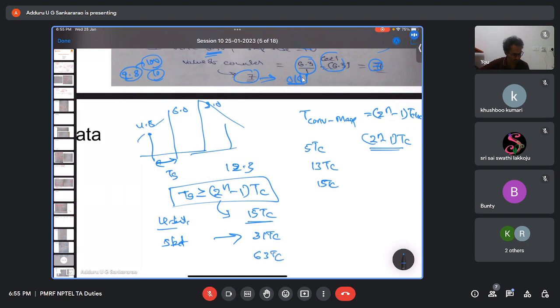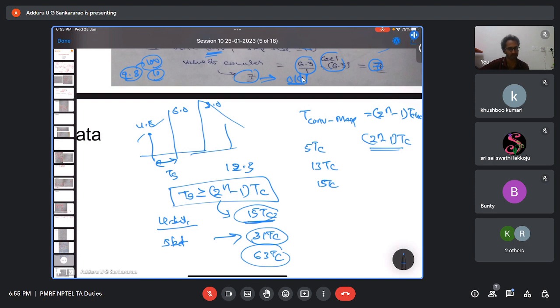That means for each bit increment, the conversion time is almost doubled. You can see here 15, 31, 63, so almost the conversion time doubled. So that is another problem if you use counter type ADC. The conversion time doubles for every 1-bit increment. Got it, right? So based on these concepts, you can solve any question.